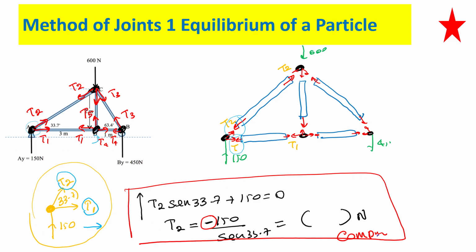Okay, when you find the T1, let me know. T2 is negative 270. Yeah, negative means compression, okay? Compression. Yes, so 270 newtons compression. So member AC is under compression.